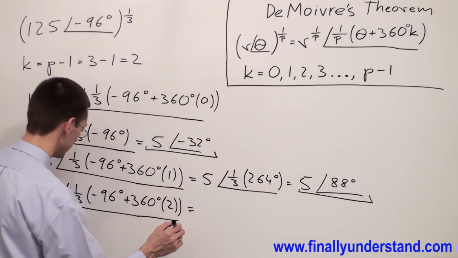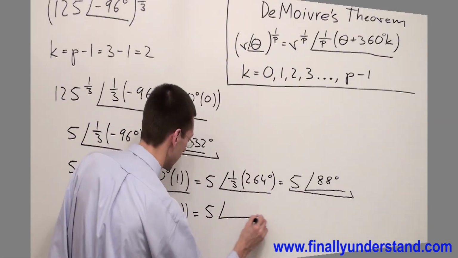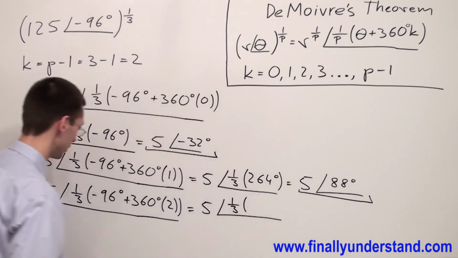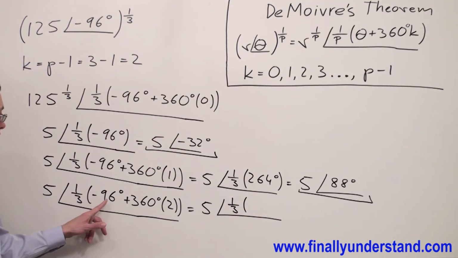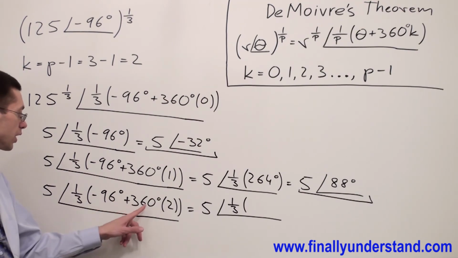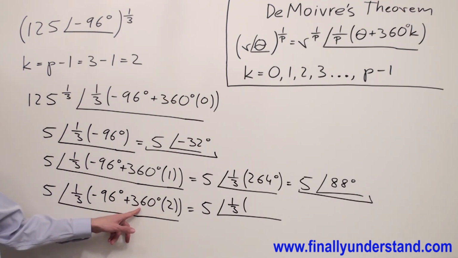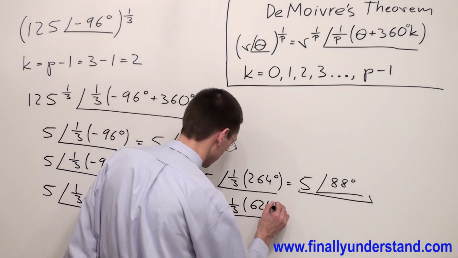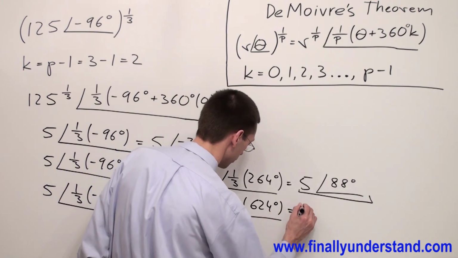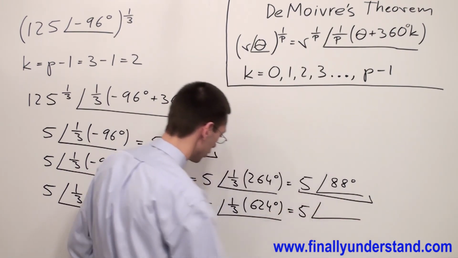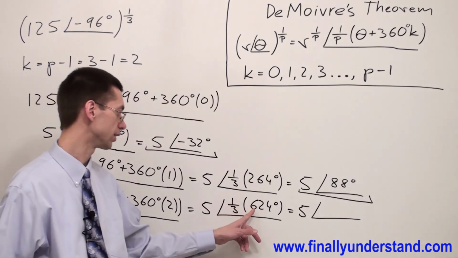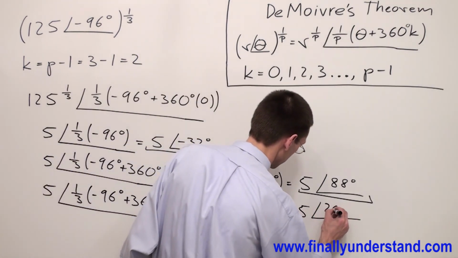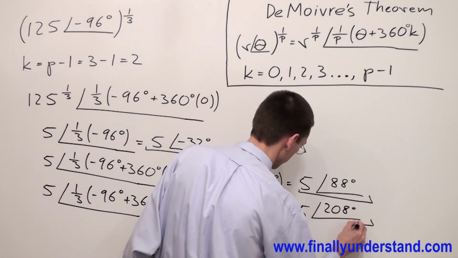Okay, so this is equal to 5, and I have 1/3 negative 96 degrees plus 2 times 360 degrees is equal to 624 degrees, which is equal to 5, and 1/3 times 624 degrees is equal to 208 degrees.